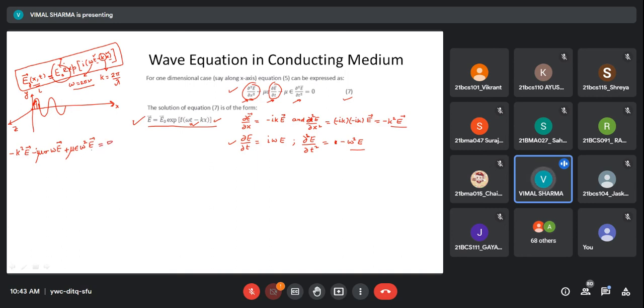I can take E common, and E is not 0. So minus k square minus i mu sigma omega plus mu epsilon omega square is equal to 0.